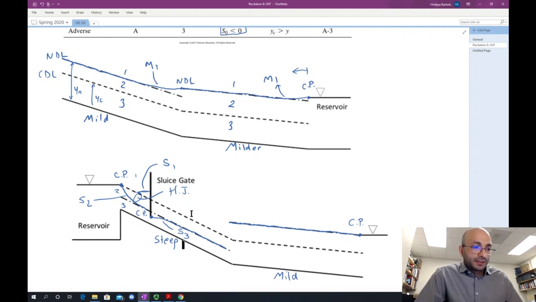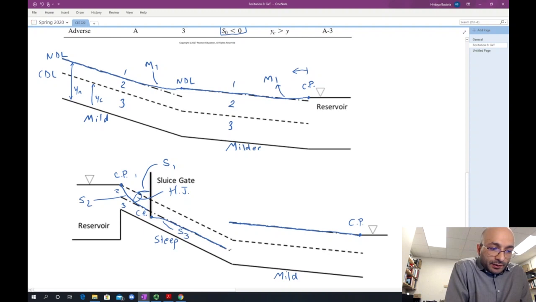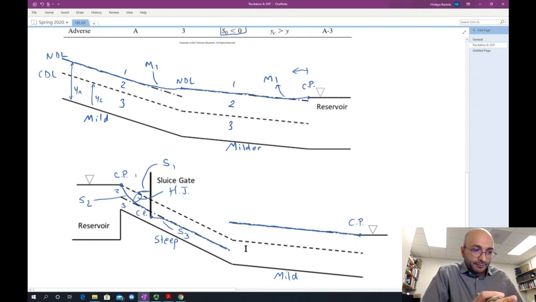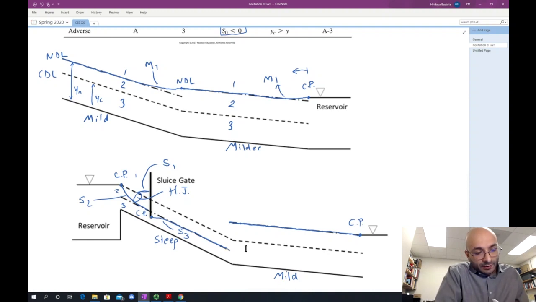Now, just like the first case, there are two possible locations where a hydraulic jump can occur. It could either occur on the steep portion of the break in slope, or it will occur in the mild section or milder part of the break in slope.